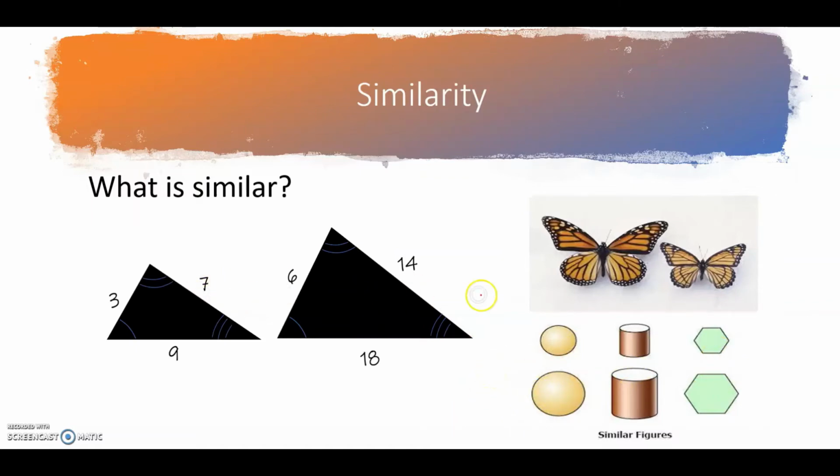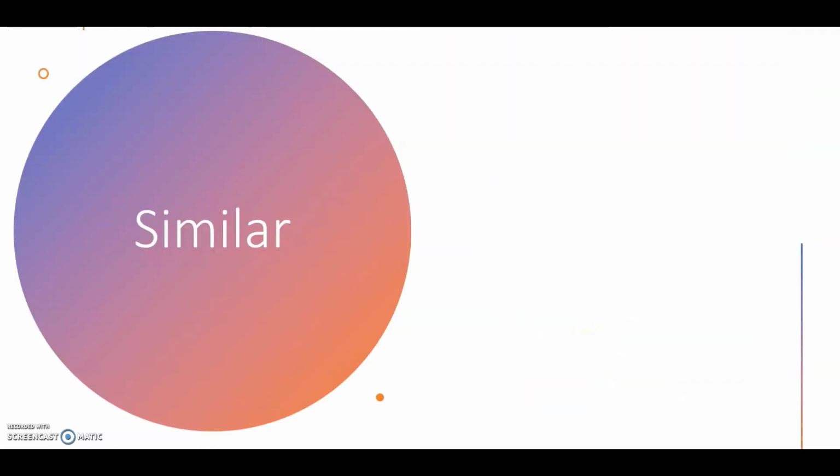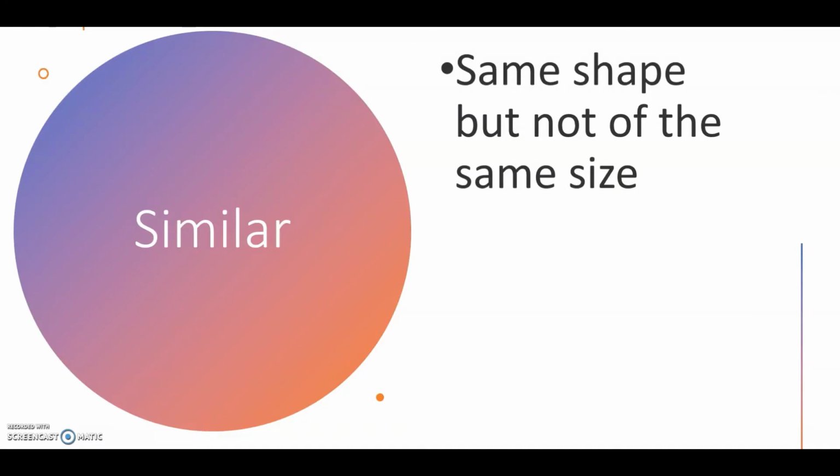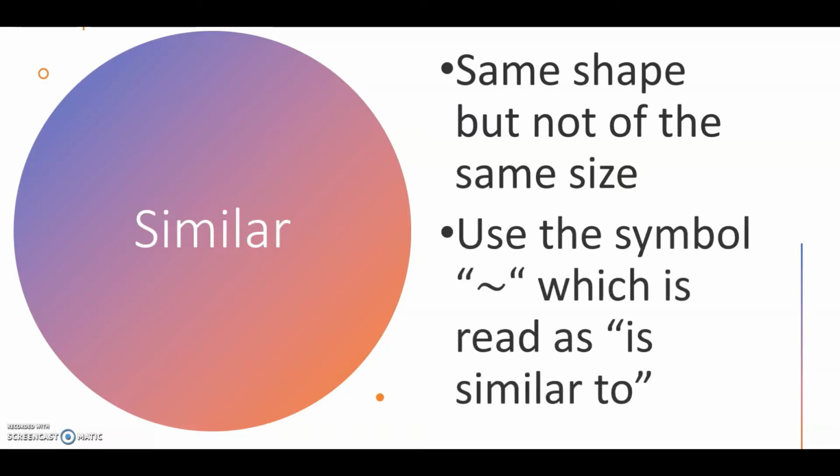Of course, we know that all of these pictures are similar. This is because when we say similar, it has the same shape but not the same size. We use the symbol for similar, this one, which is read as "is similar to".